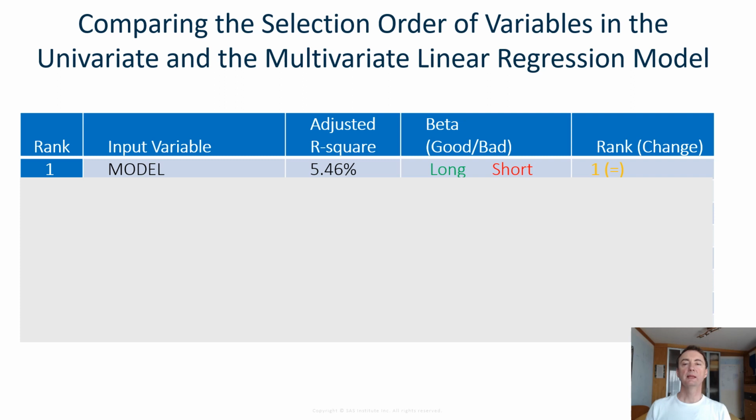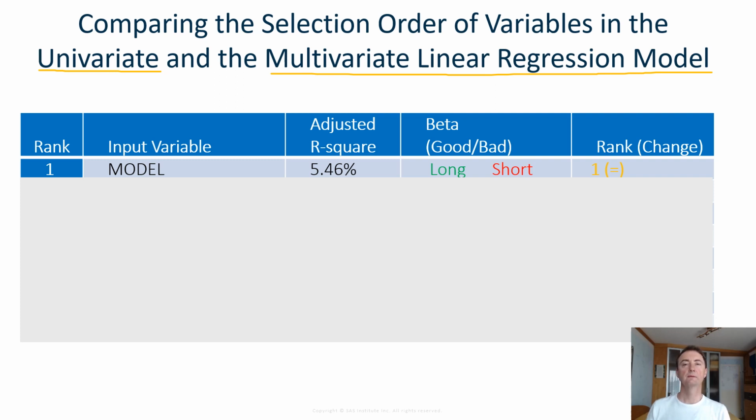Let's now compare the selection of the variables from the univariate model, which we have just seen, with the multivariate linear regression model. What I've done now is I have entered all the 8 variables into the model in order to see what the most important variables in a multivariate model are. We see that the variable model is entered first.